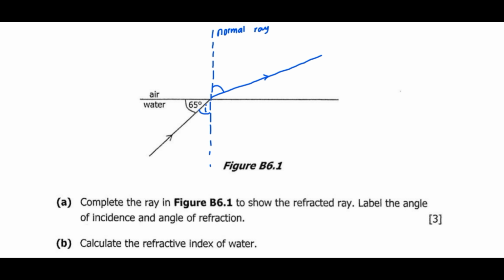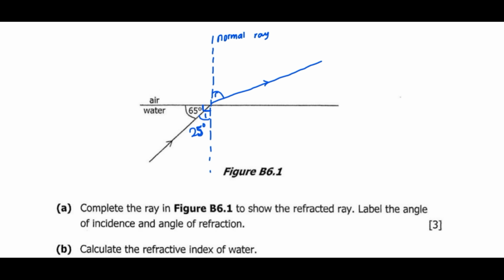The angle of refraction is here. So how can we find the angle of incidence? We know that this angle here is 90. So let's subtract 65 from 90. So the angle of incidence is 25. This is our angle, 25.